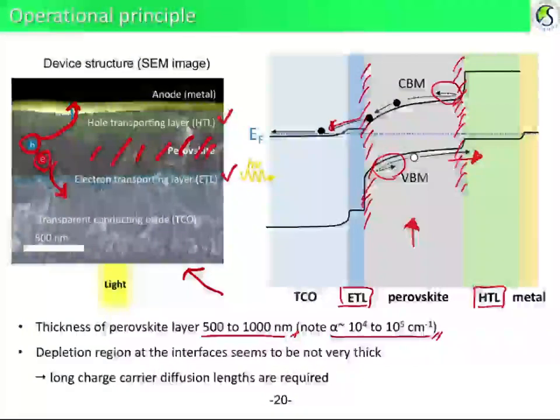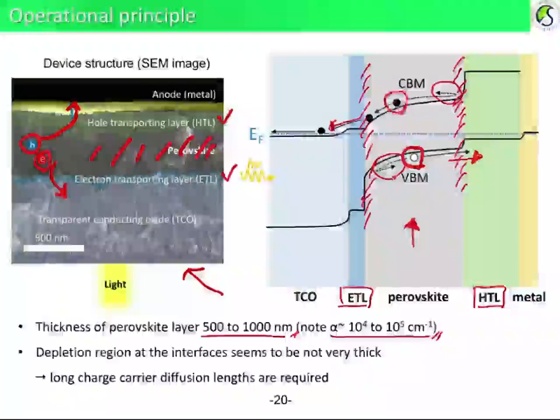This is because the charge carriers in the perovskite material have very long diffusion lengths. So although the depletion region is not very thick, we can still collect the photogenerated charge from the bulk of the perovskite layer.